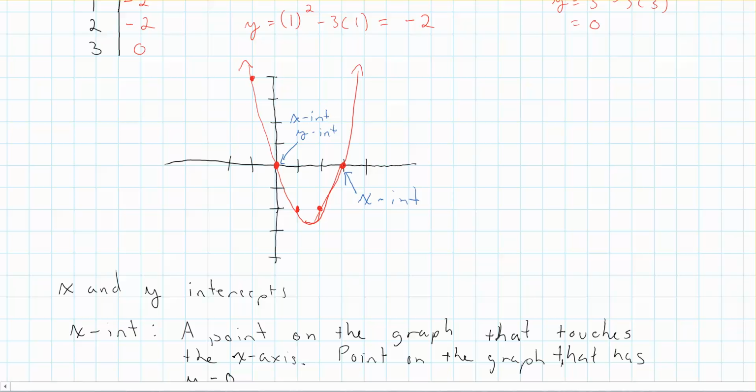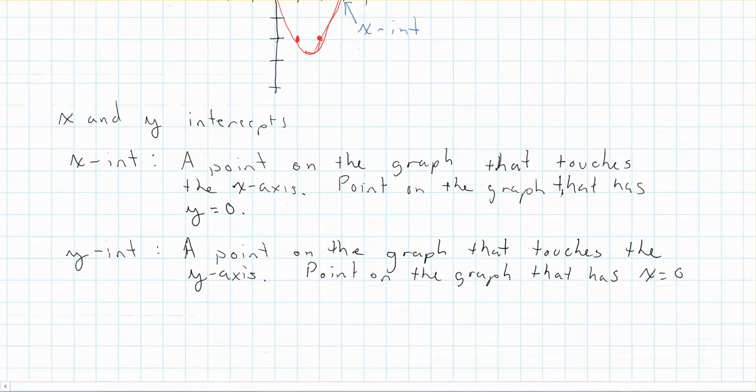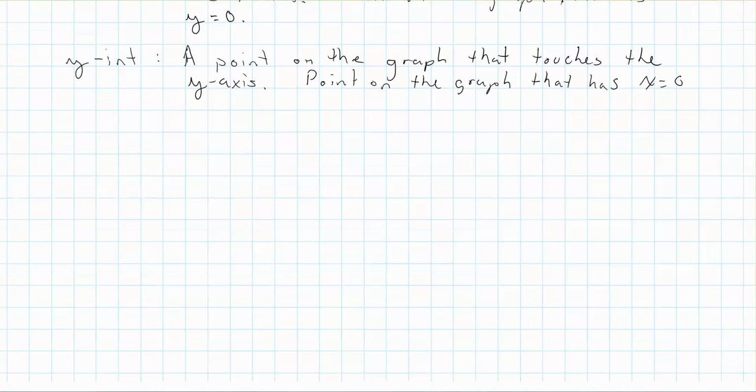Why is it both? Well, it's touching both the x-axis and the y-axis. Now this is the only point that can both be an x and y-intercept. Otherwise it's just an x-intercept or a y-intercept, but in this case we have it being both an x and y-intercept.